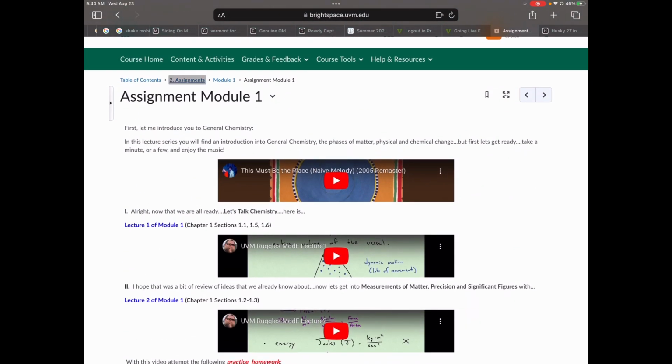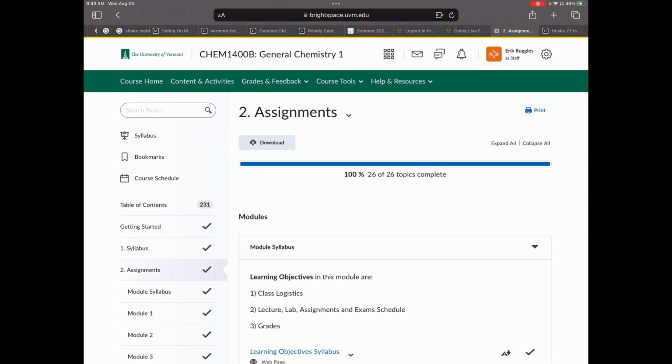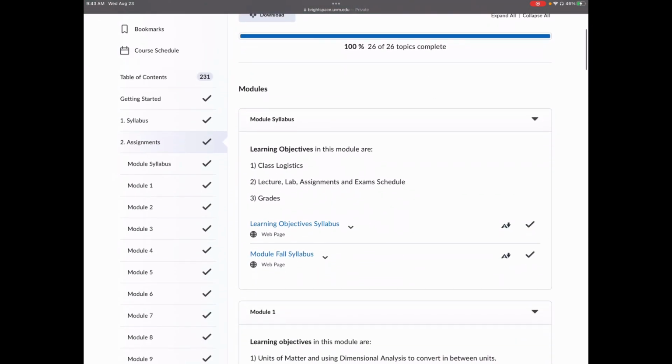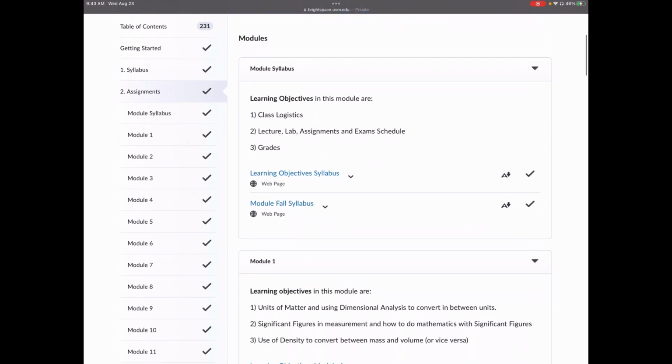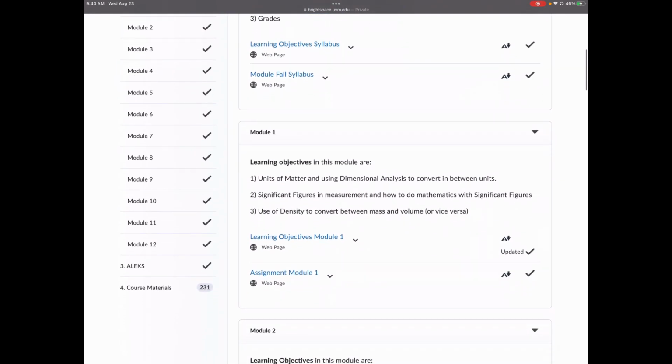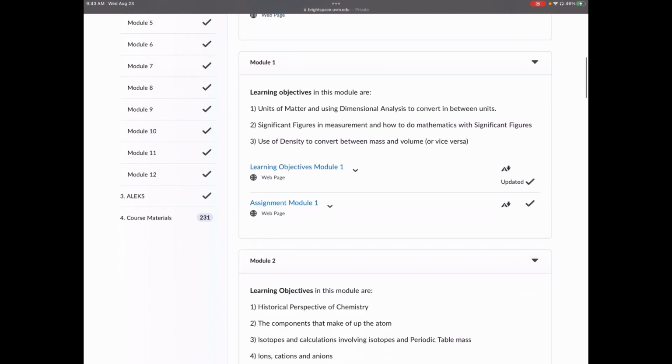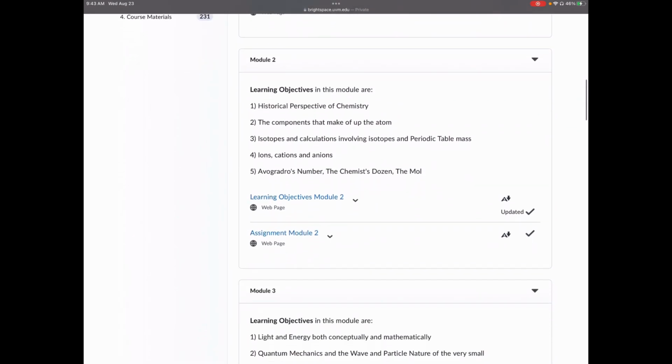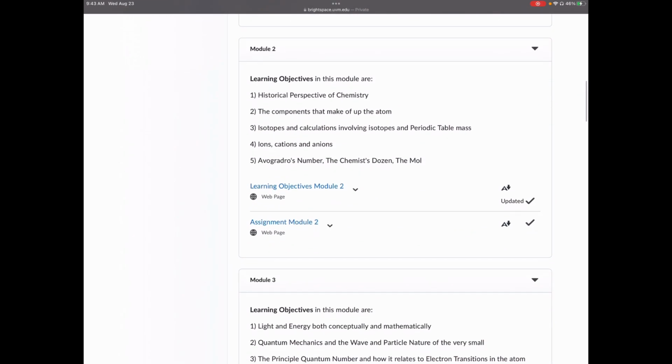So if I go back to assignments, that's basically how every assignment is developed. We're going to have learning objectives, and then an assignment that follows. As we go throughout the semester, I will be posting announcements to keep us up to date as to what parts of the module we should be concentrating on for the next class.